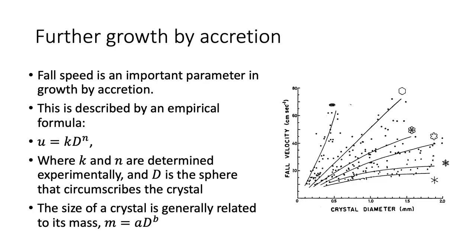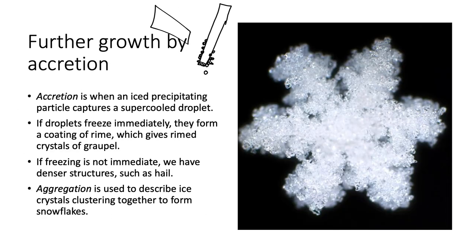They have to use empirical formulas because, for example, even for something as simple as computing the fall speed, right? Remember when we talked about collision and coalescence of liquid water droplets, which is a kind of similar idea to the accretion process here, right?